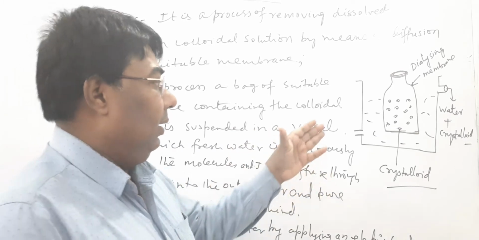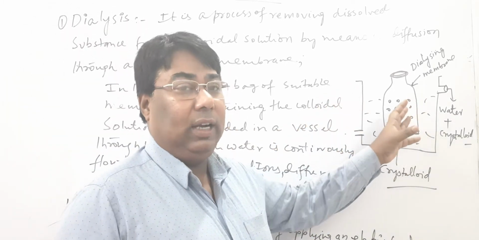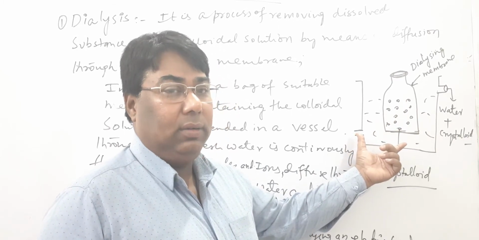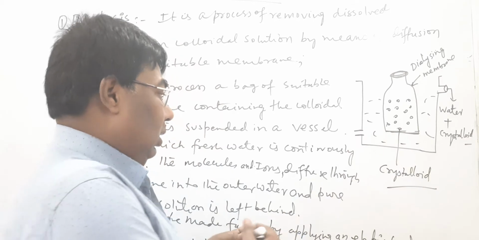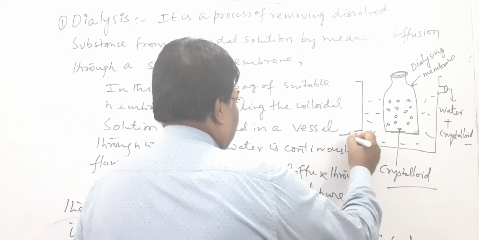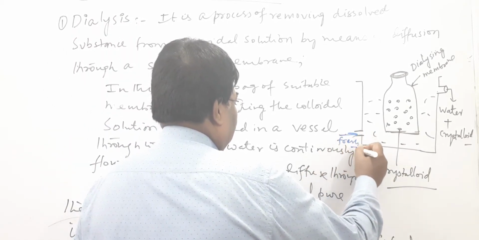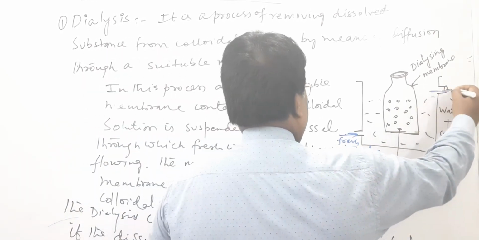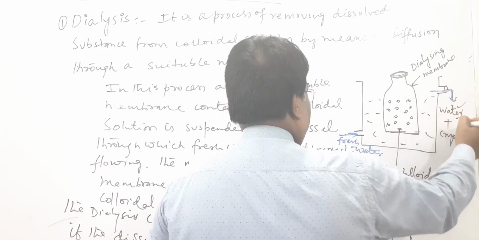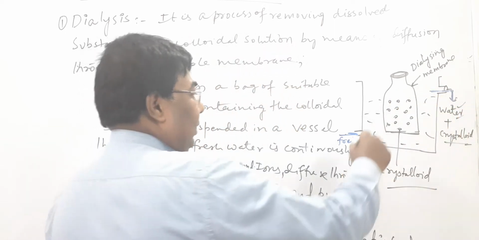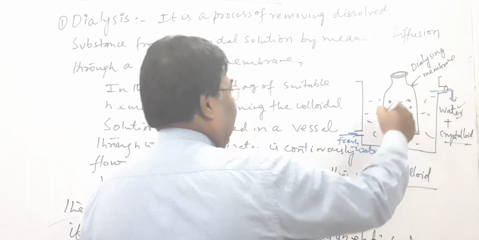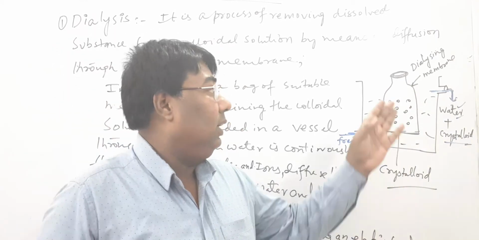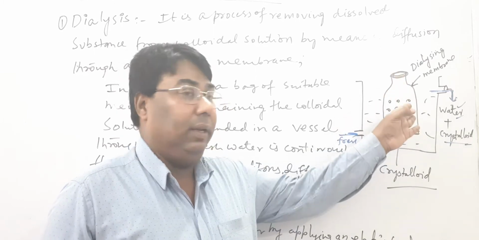Let us try to understand with the help of an example. It is a specially designed vessel in which from the lower side we pass fresh water, and from the upper portion there is an outlet from which water and electrolytes are removed. The colloidal solution is kept in a container whose outermost layer is the dialyzing membrane.